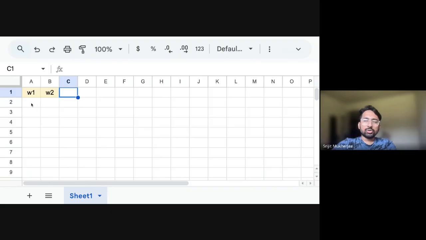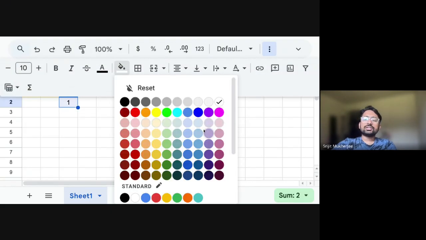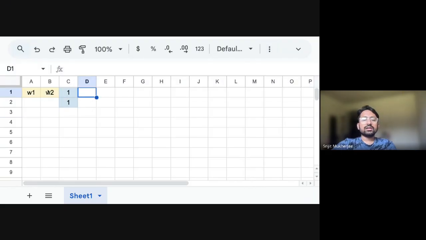So when we say W1 plus W2 is 1, that means if you multiply that with this as a transpose, the output will be W1 times 1 plus W2 times 1, which is equal to 1.